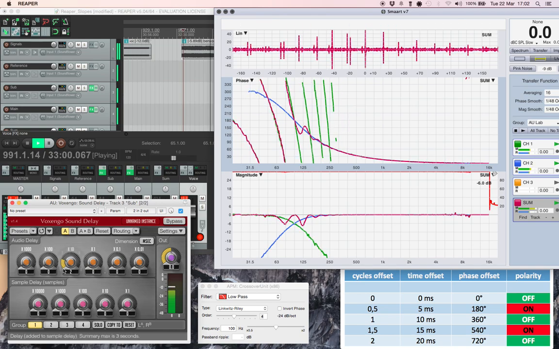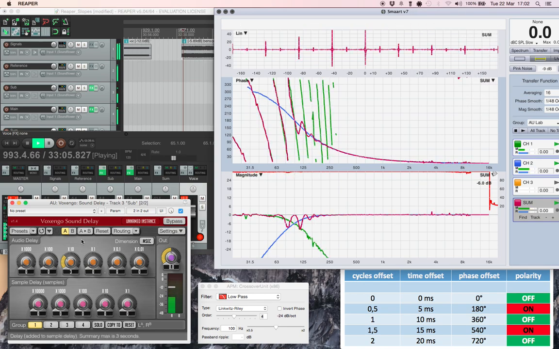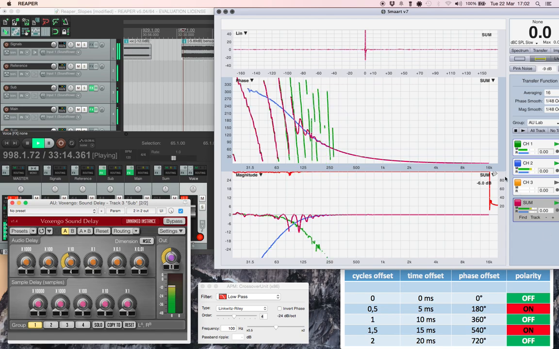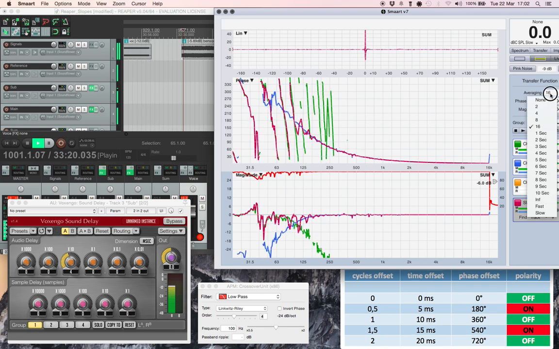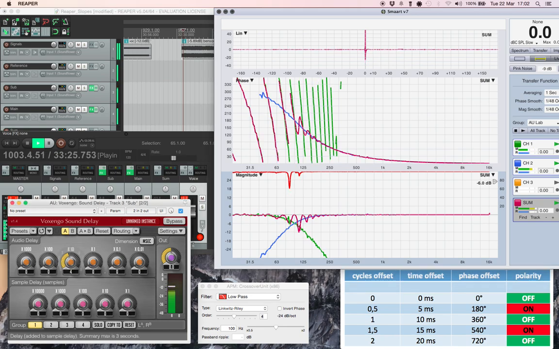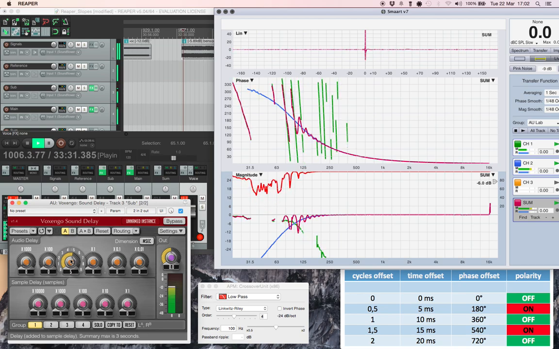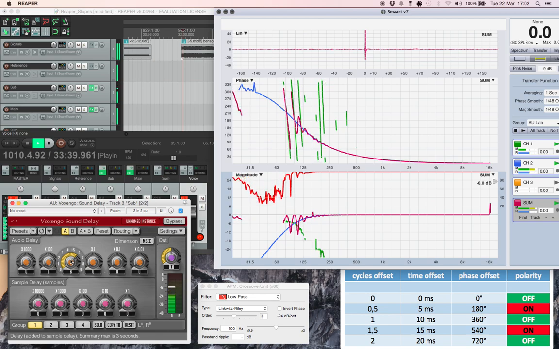So let's listen to 3 cycles of misalignment. Five cycles. Six cycles.